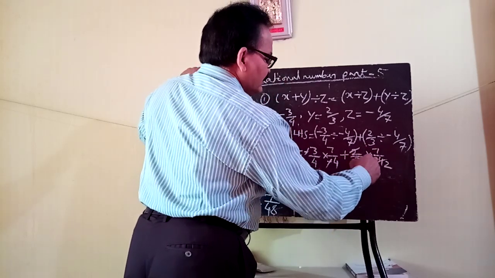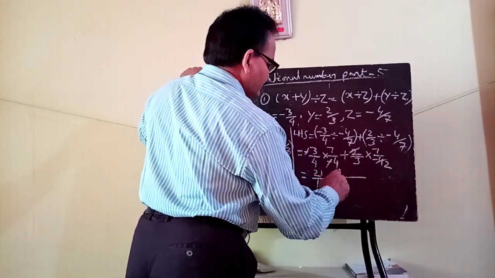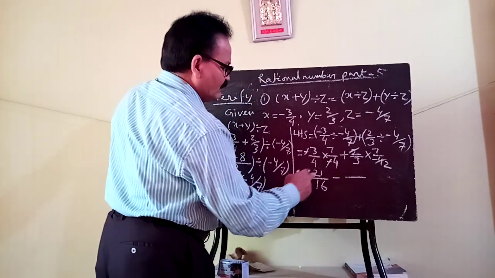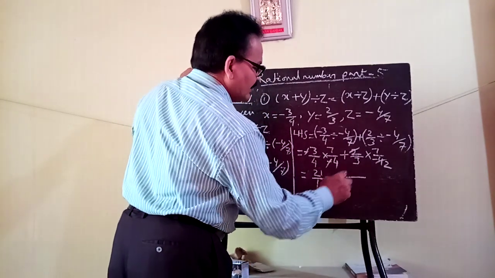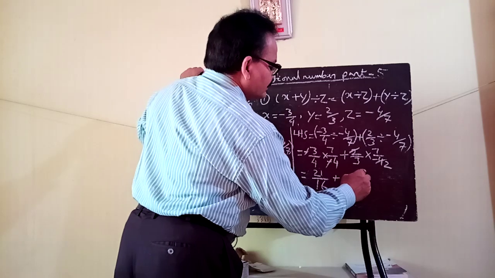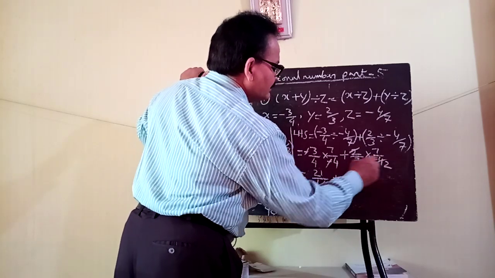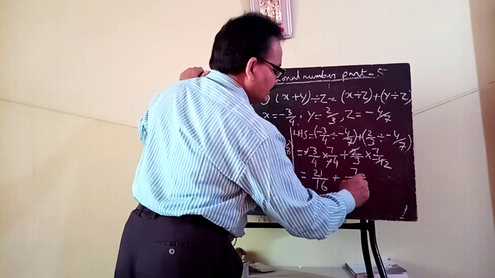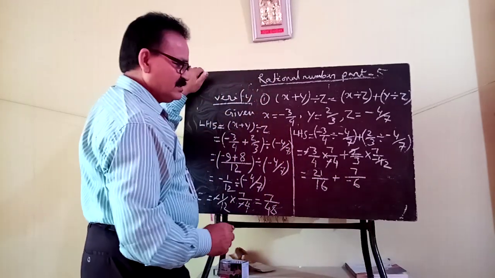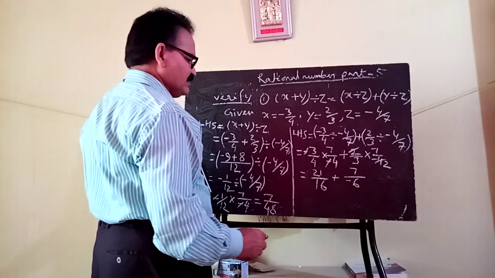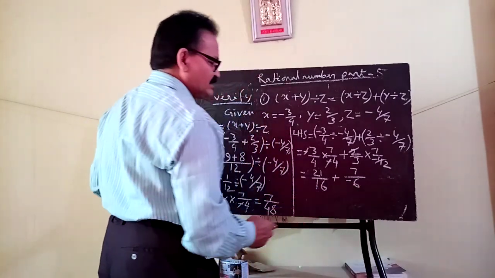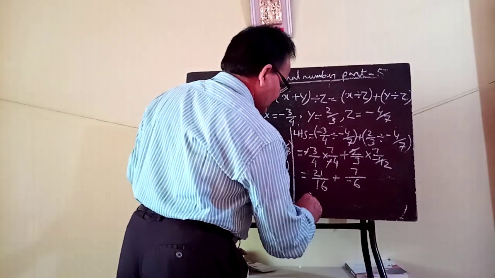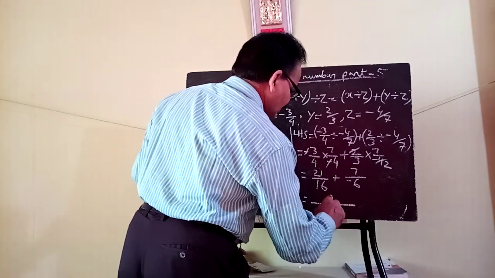Here the answer is 21 by 16, put a plus sign, then the denominator is 7 by minus your 2 minus 6. Now you see the LCM. LCM of 16 and 6 is 48.